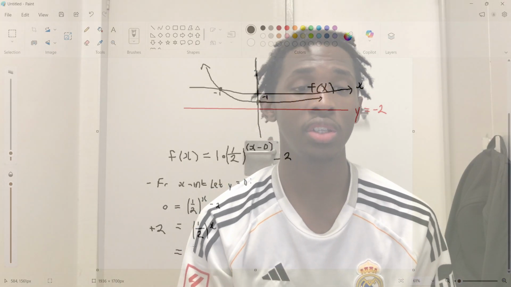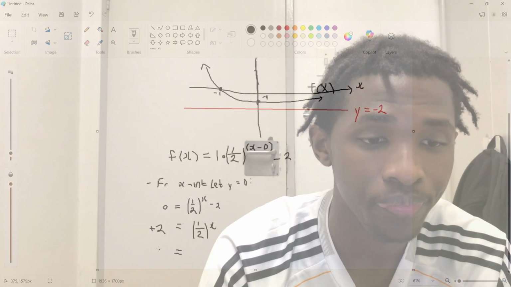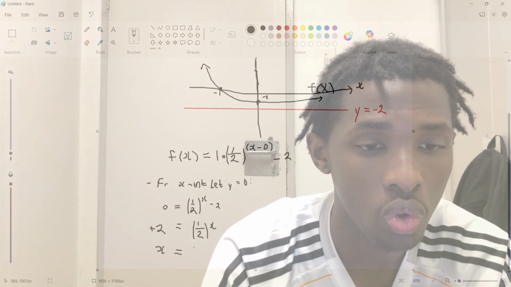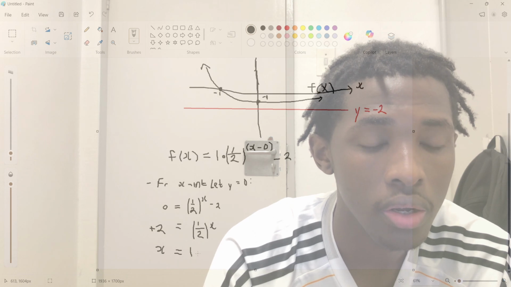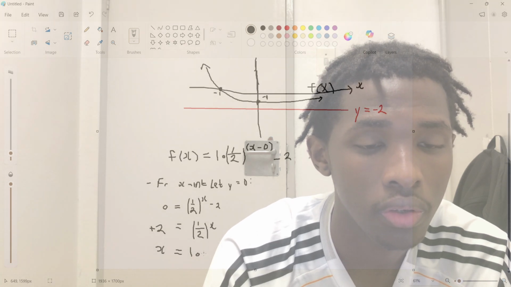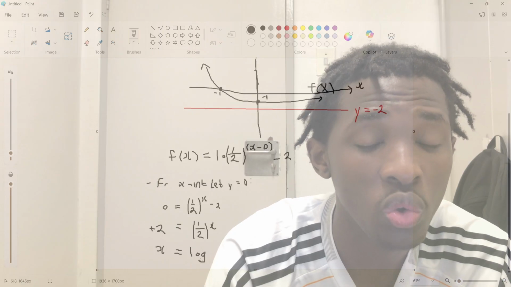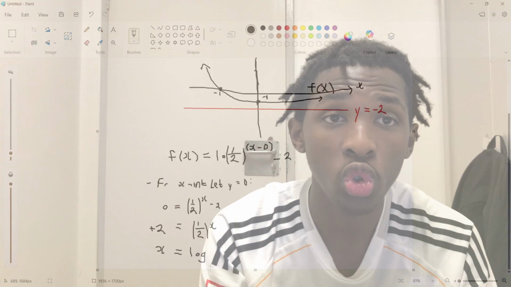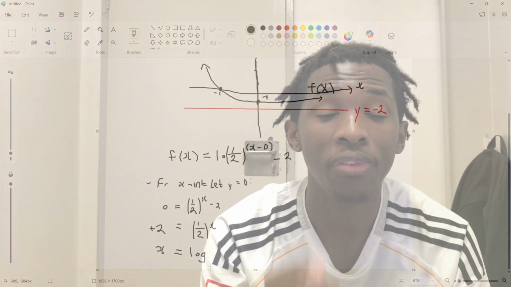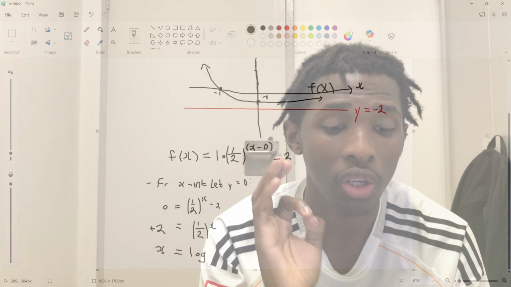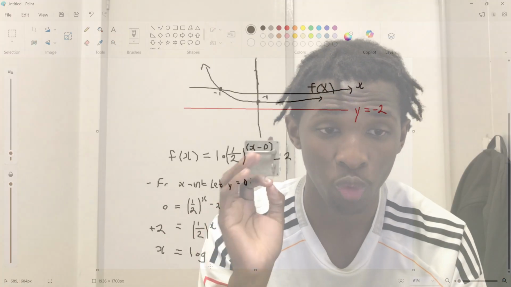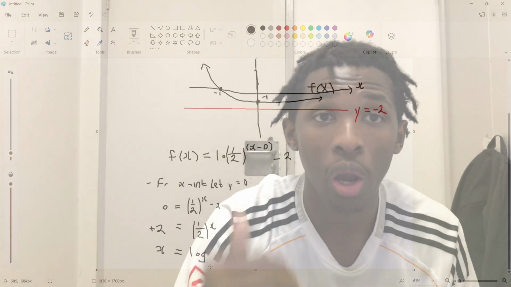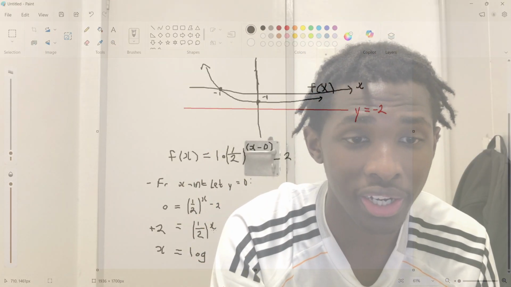So you just say x is equal to log. The easy way to remember this is that we use logs to simplify our equation when they have exponents. So when we introduce logs, we just want to bring down our exponents, like I did here.